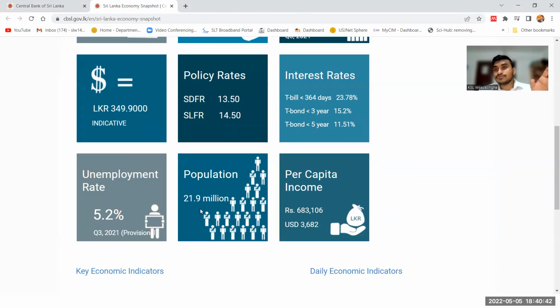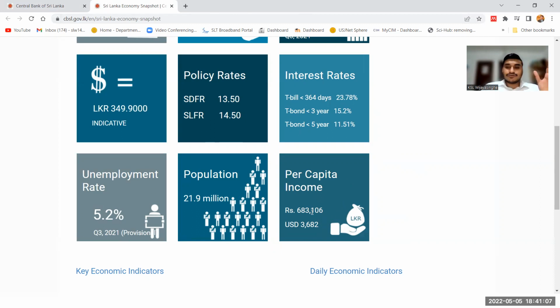Population is almost 22 million, and our per capita income, which means our total GDP divided by this population, is close to 683,000, which means a single person in this country will be earning 683,106 annually.